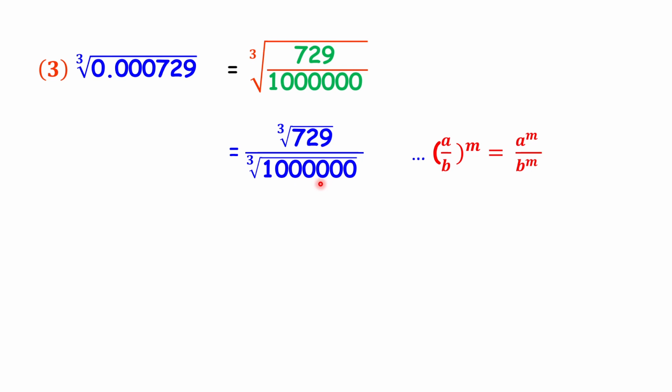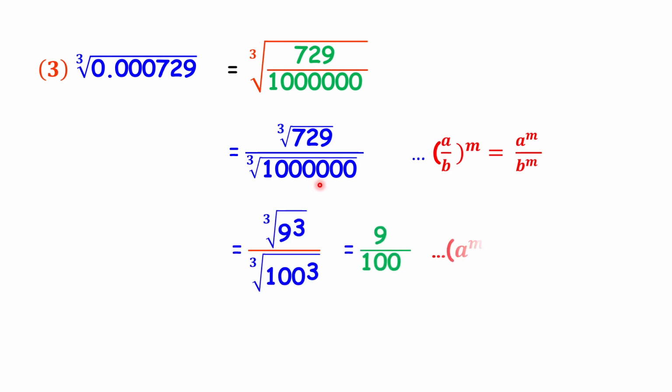So we can write this in index form, that is cube root of 9 cubed upon cube root of 100 cubed. By using the rule of indices, (a raised to m) raised to 1 upon m is equal to a, the answer is 9 upon 100.